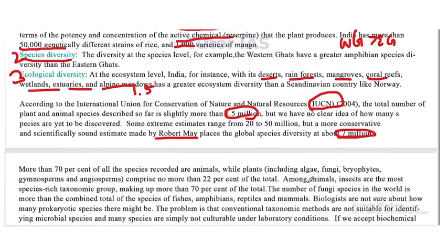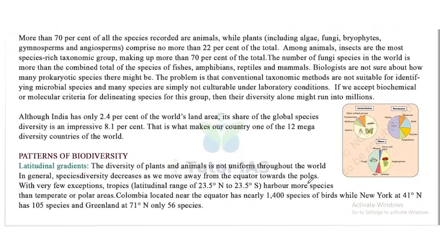Okay, moving on to the next page. Out of the recorded species, more than 70% are animals, while plants, including algae, fungi, bryophytes, gymnosperms, and angiosperms, comprise no more than 22% of the total.